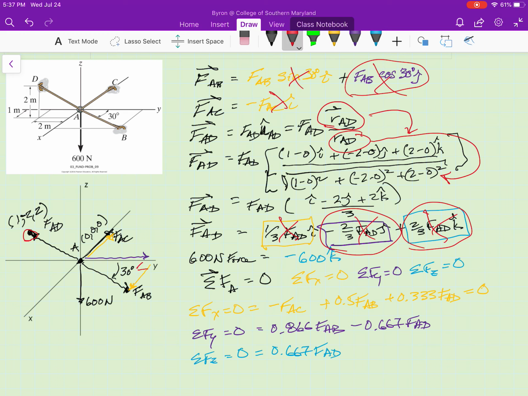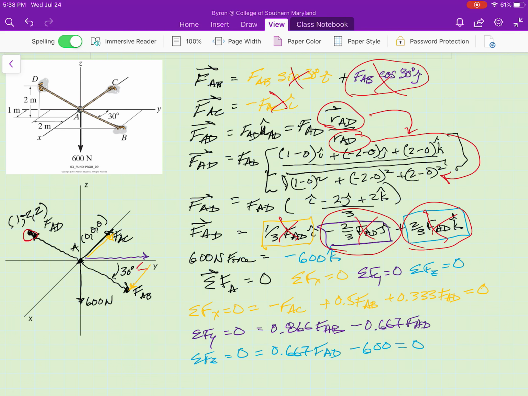So I have that one. And then my last component is the minus 600 for the 600 Newton force acting downward. So I'm going to write minus 600, and that equals 0. Okay, that's the end of my third step.